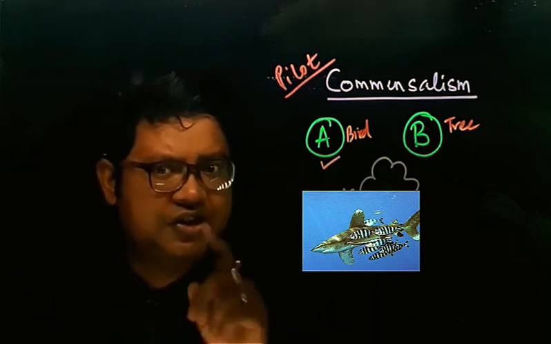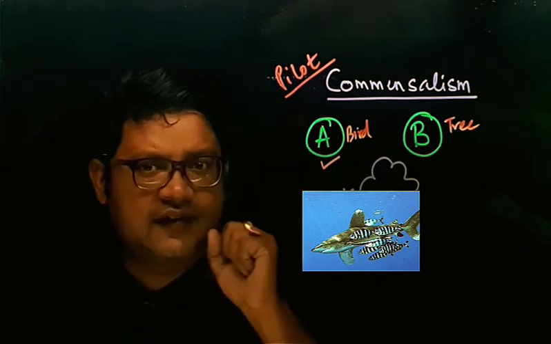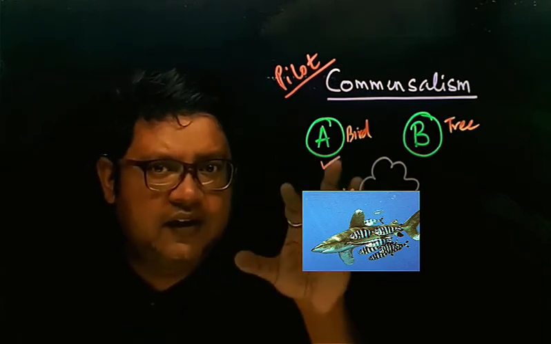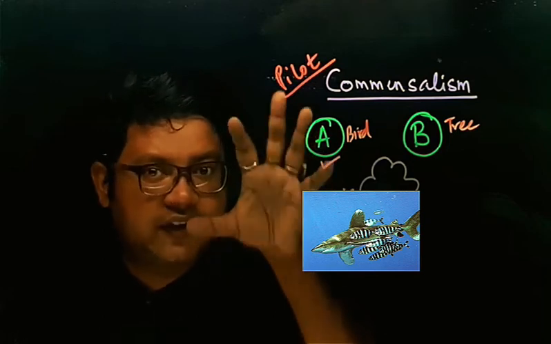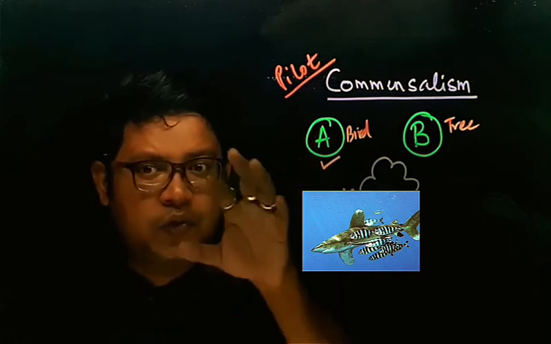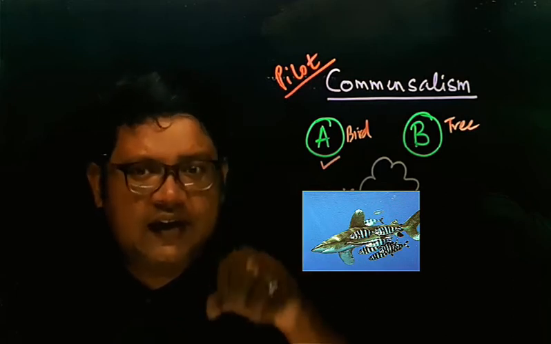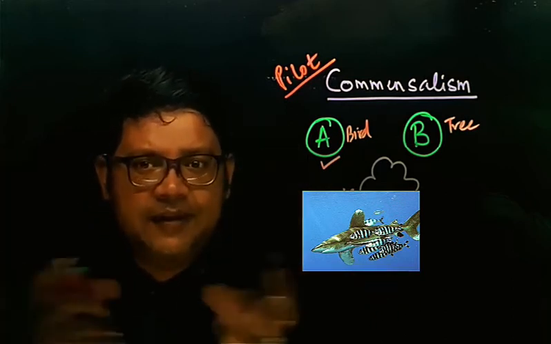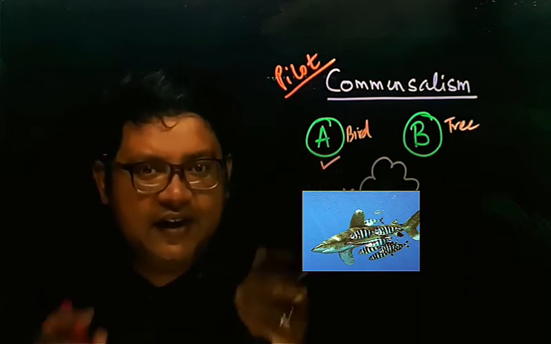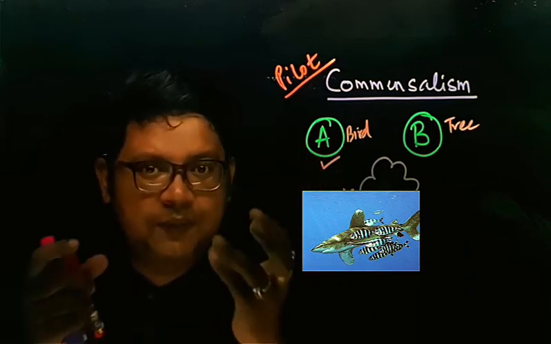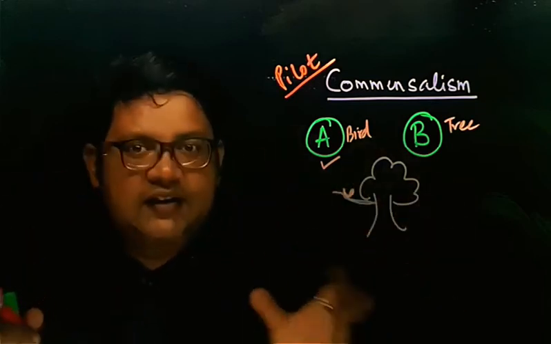Whenever the shark kills its prey, because the shark is a predator and kills small fishes, while killing, some of the meat pieces may be thrown here and there in the water.